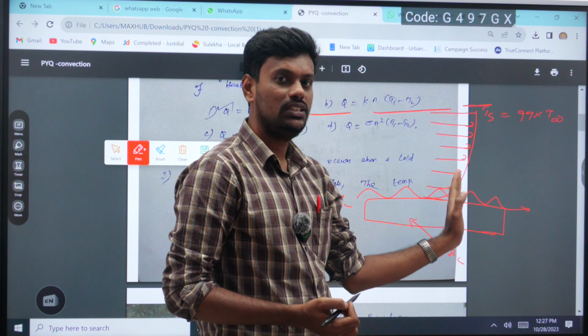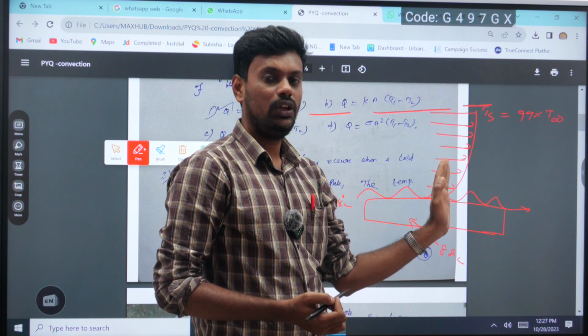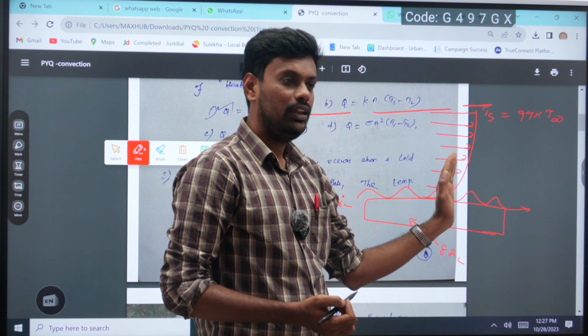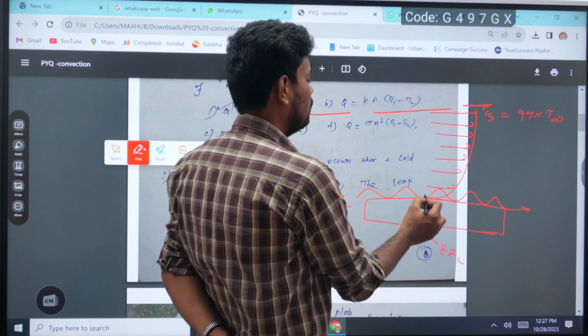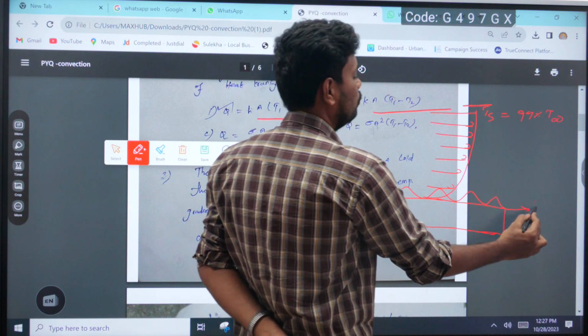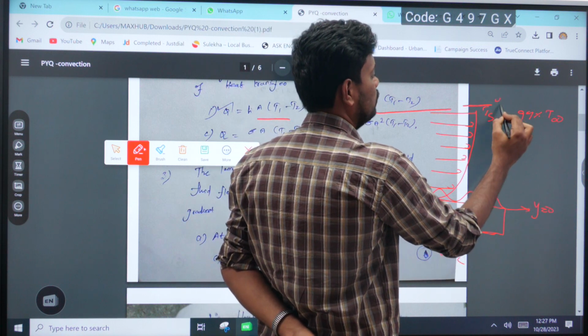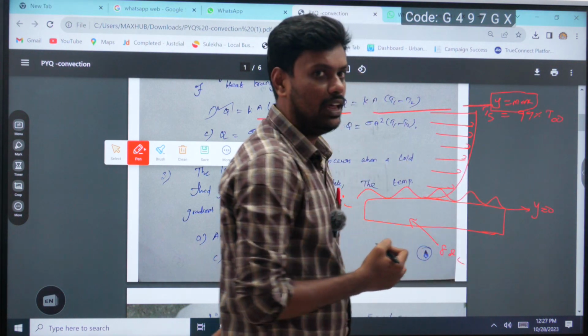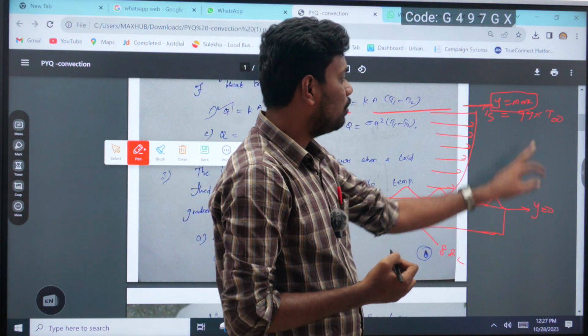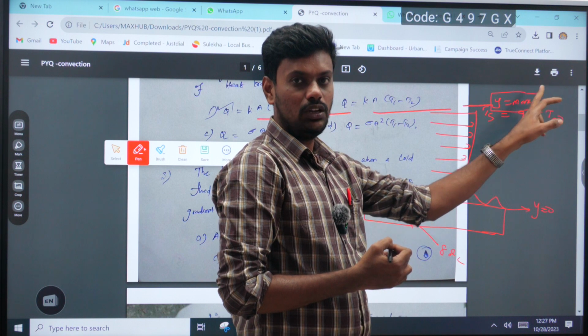Now the temperature is changing in the y direction. So the temperature will vary from the beginning to some certain distance only. Maybe this is the 0 point where y is equal to 0, or you take this is y is equal to maximum. So where the y is maximum, on the bottom or top? Y is maximum on the top.